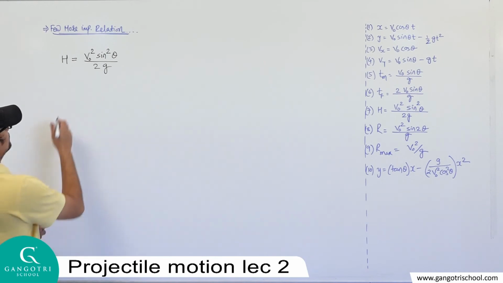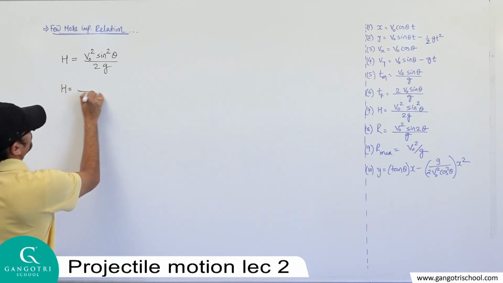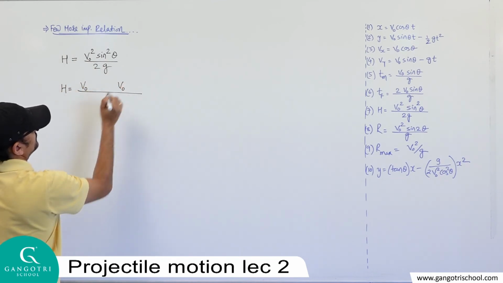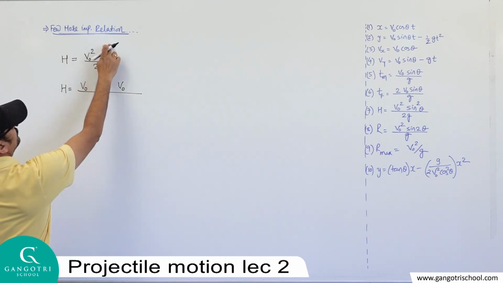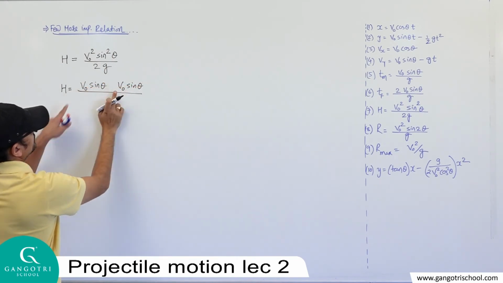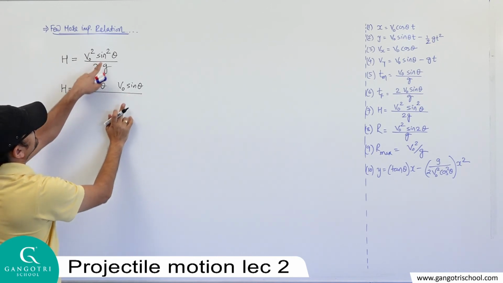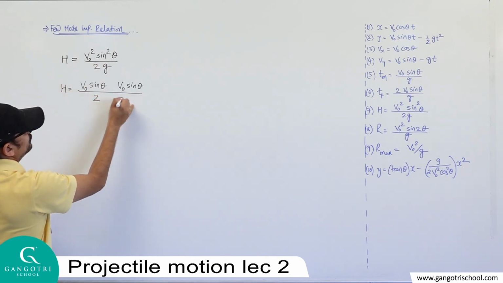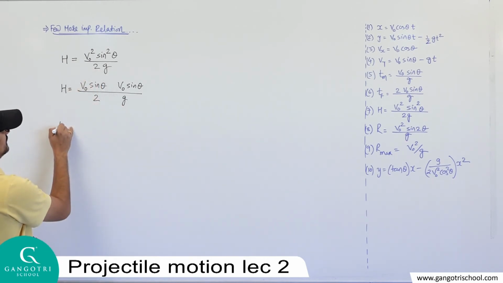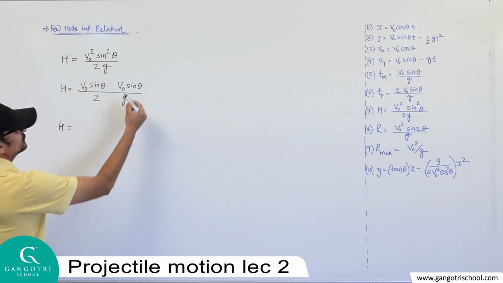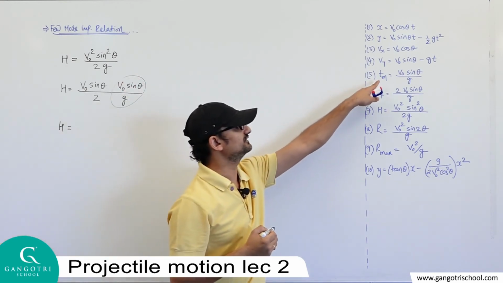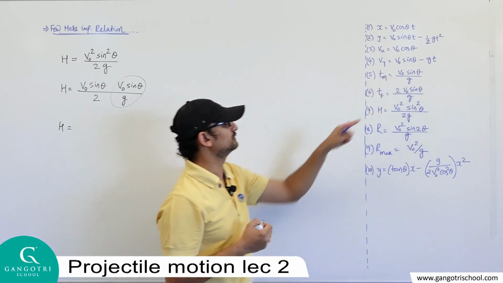Let's arrange this equation. Okay, v0 square, can I write v0 into v0 as v0 square? Sin square theta, can I write sin theta into sin theta again? So v0 square sin theta sin square theta upon 2g. The denominator is as it is, 2g. Now if you observe carefully, look at that part, it is the formula of time to reach maximum height, v0 sin theta upon g.